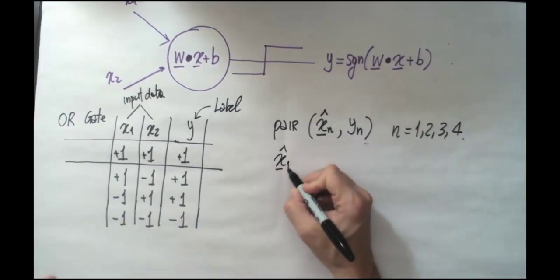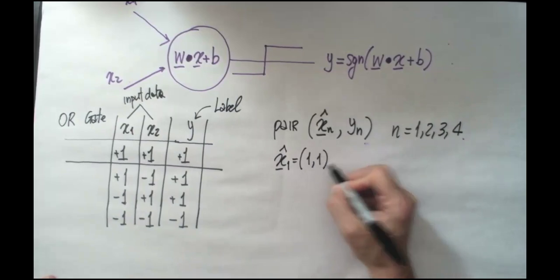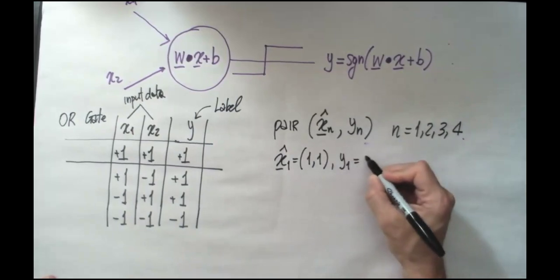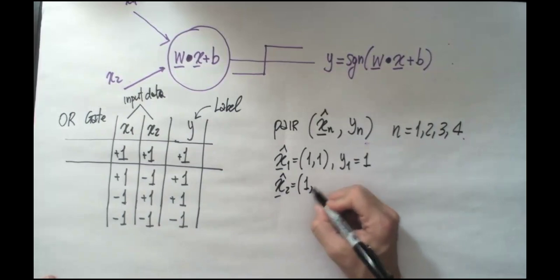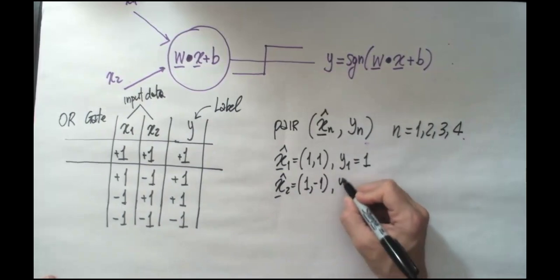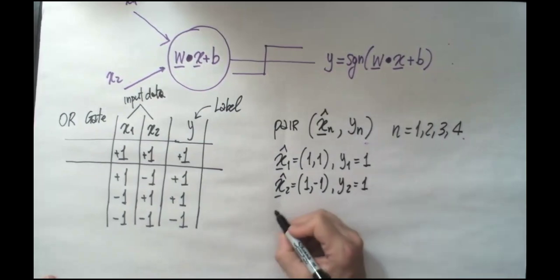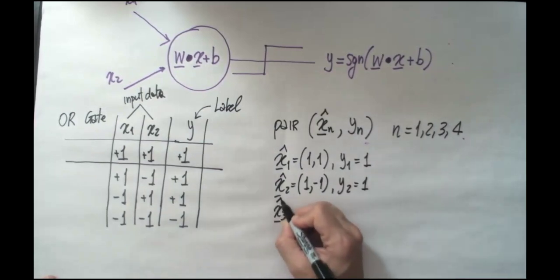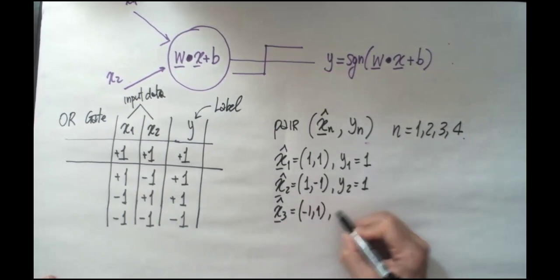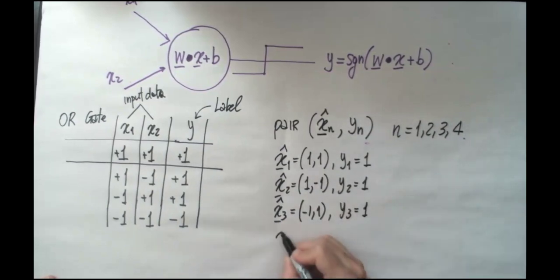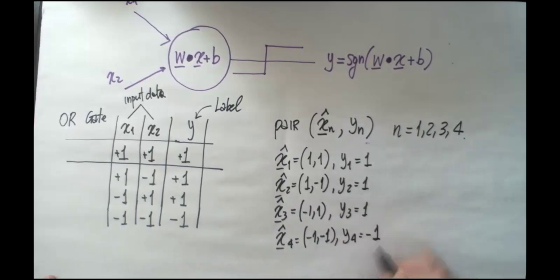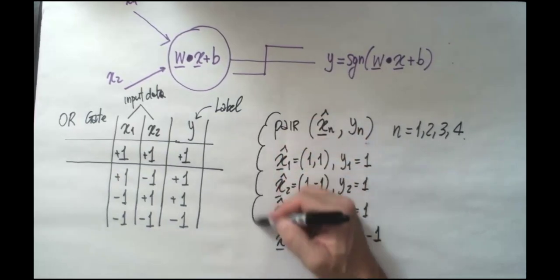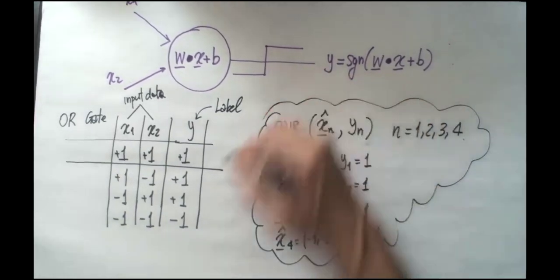So we have x1 equal 1, 1, and y1 equal 1, x2 equal 1, -1, and the label is equal to 1, x3 vector equal to this, equal to 1, and x4 equal to false. Okay, these are the data available.